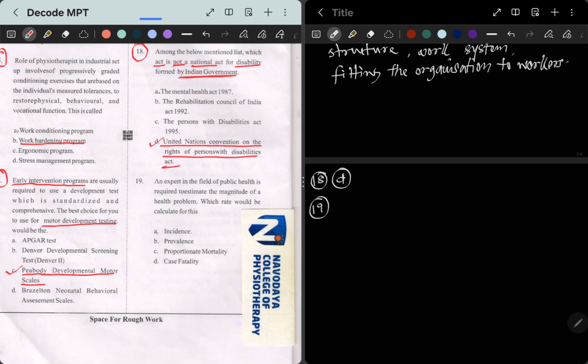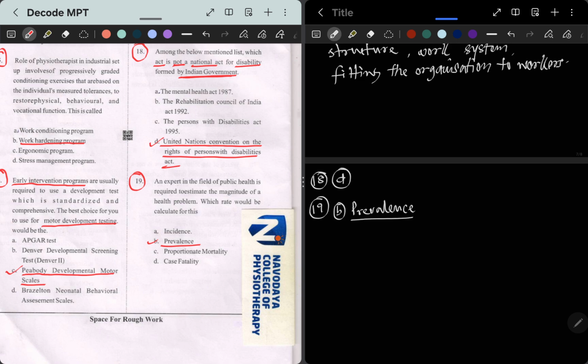The answer will be prevalence, number B. All these questions are coming from ergonomics and epidemiology. The answer to question 19 is prevalence.